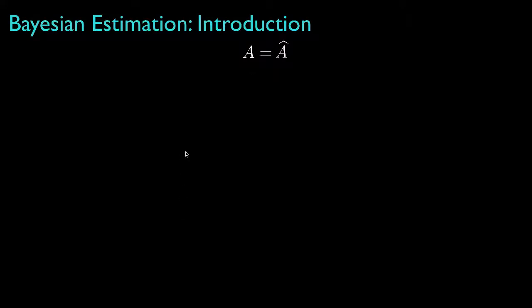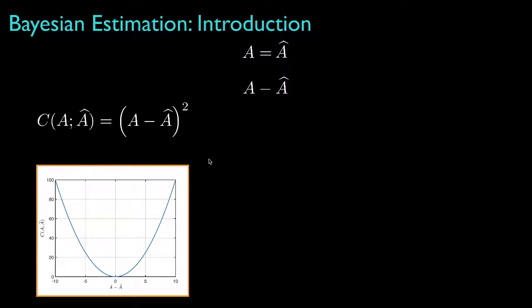Well, let's call our estimate of the parameter A hat. And based on this estimate, we might define our estimation error as A minus A hat. Then we might associate a cost with this error, such as its square, which assigns an ever-increasing cost as the error increases.